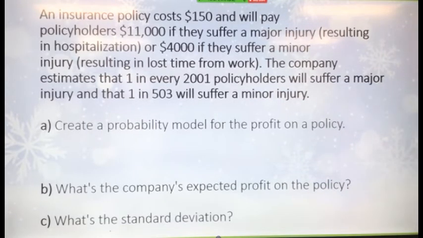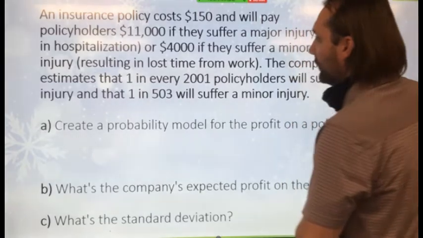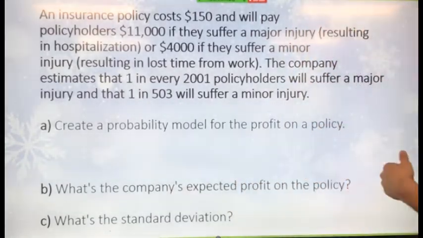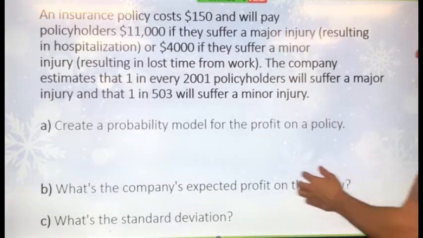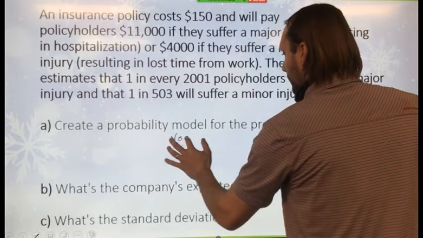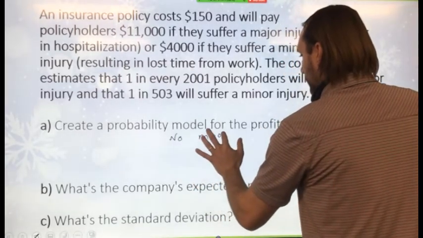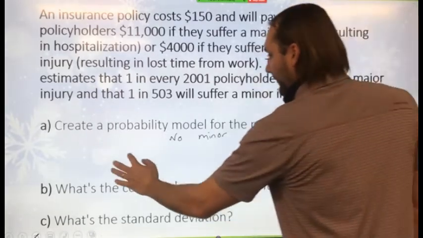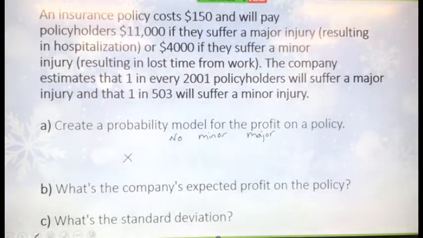Create a probability model for the profit on a policy. So let's start with this model. I'm going to have 2 types. People who have no injury, right? People who have a minor and a major. So let's see, no, minor, major.